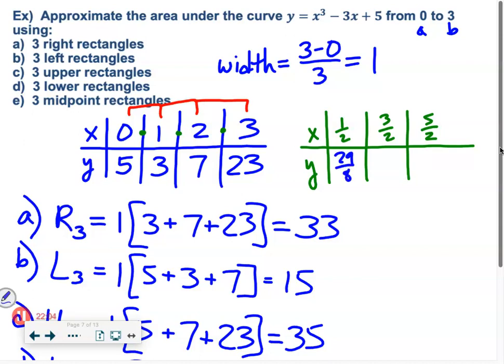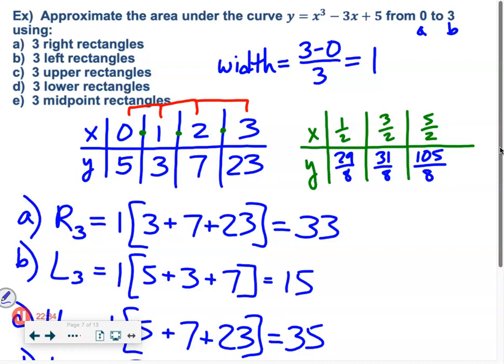Then at 3 halves, you get 31/8. And then at 5 halves, you get 105/8. I think that's 105/8. Forgive me if I'm wrong. I don't have my glasses on. All right. So there's your 3 y values.